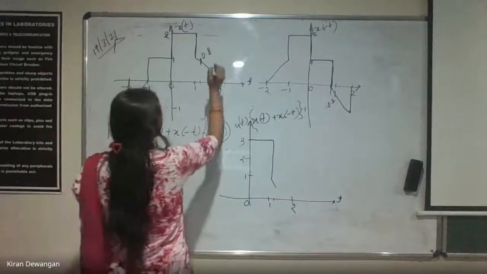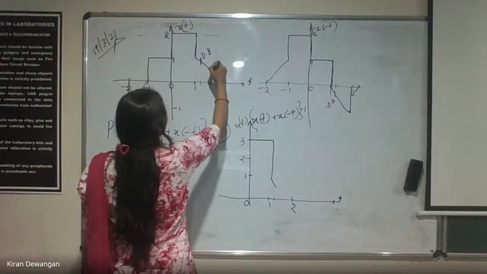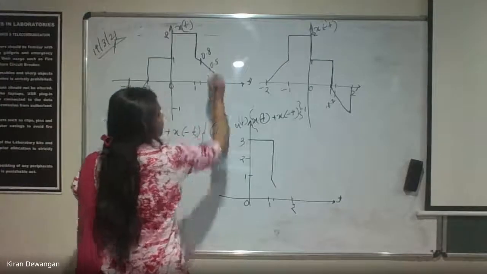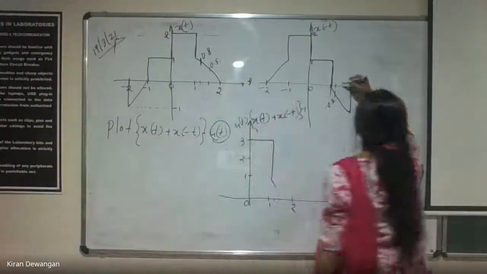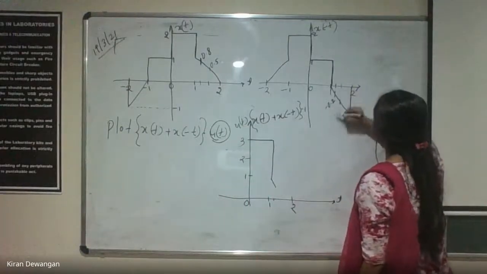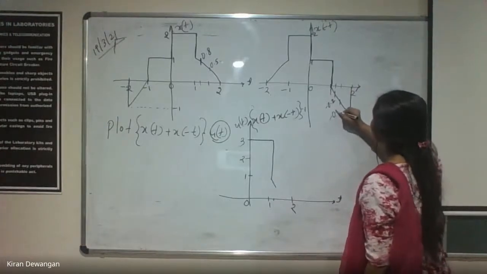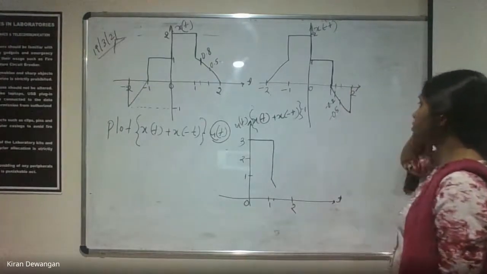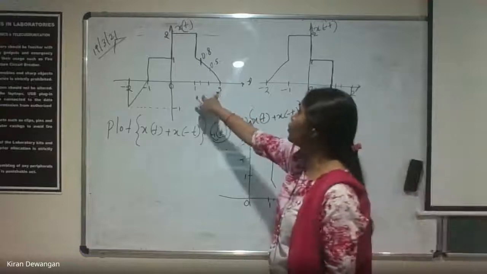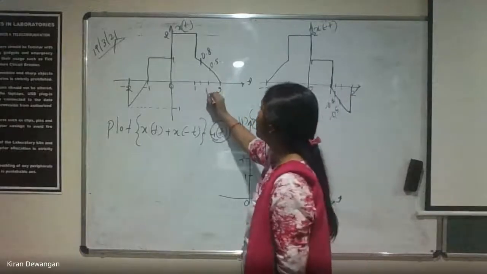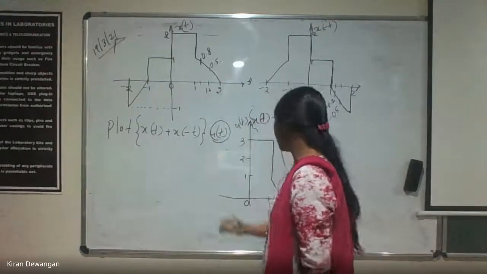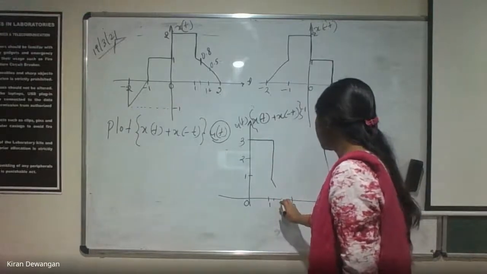Now the middle value here is 0.5, and here the middle value will be minus 0.5. If we add these two, that is in between 1 to 2, add the value at the point of 1.5. What is it?